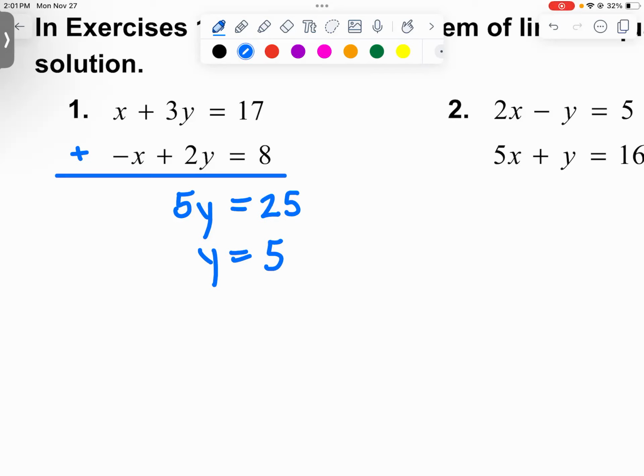Okay, now which one would you prefer to put this back into? First one? Hey, does it matter? No. Sure does not.